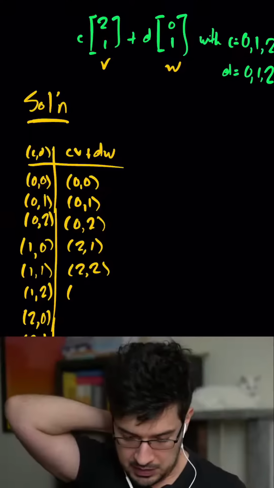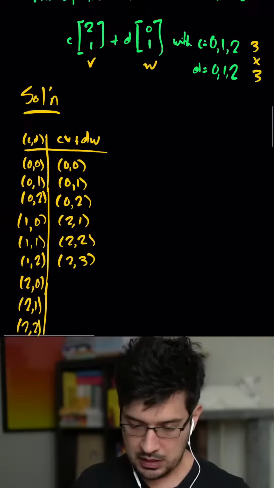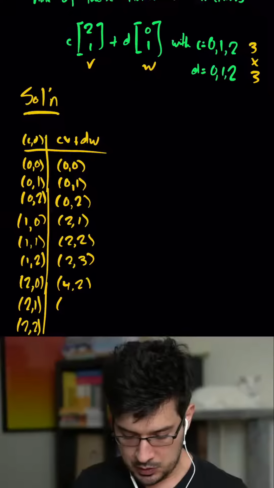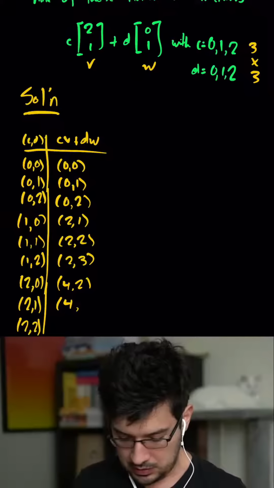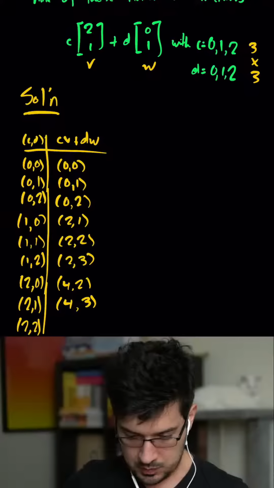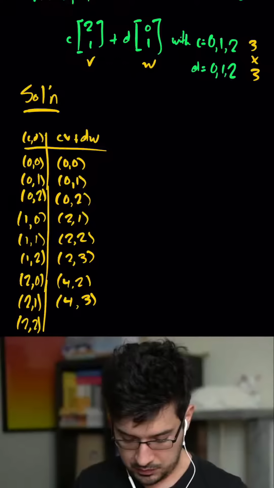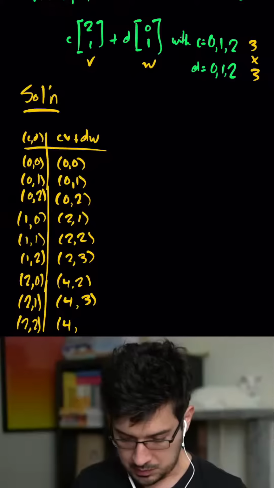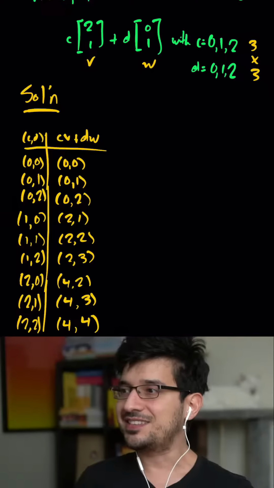So 1 of C plus 2 of D is going to be 2, 3. 2C, 0D is 4, 2. 2C, 1D is going to be 4, 3: 2 plus 2 is 4, and 1 plus 1 is 2, so we've got 4, 2 and 4, 2. So those are our 9 vectors.